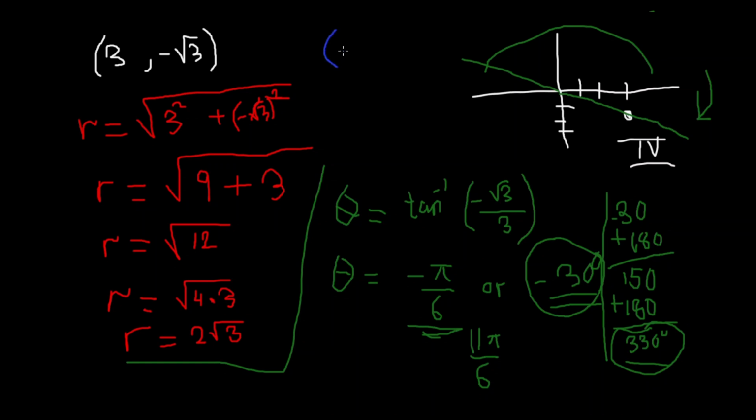So in polar form, it will be 2 root 3 and 330 degrees, or it could be negative 30 degrees, or negative pi over 6 radians, or 11 pi over 6 radians. But you get it. This is how you convert from rectangular coordinates to polar coordinates.